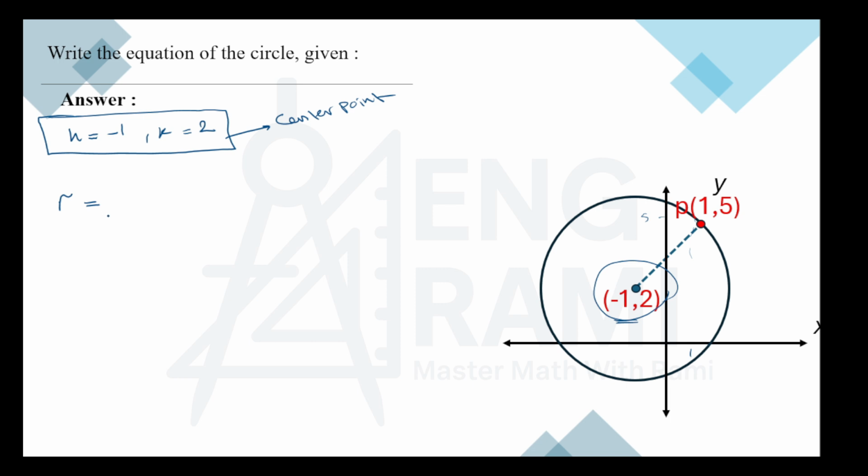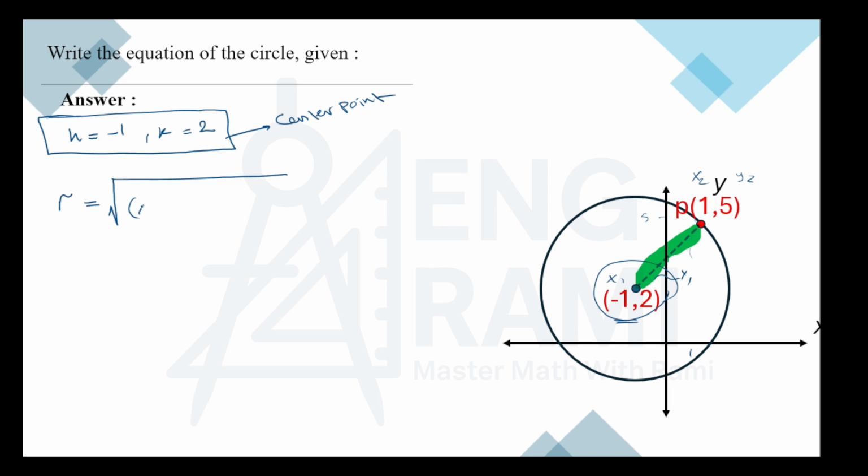We have to find the radius, which represents the distance between the center point and any point on the circumference of the circle. r equals the square root of, you can say this is x2, y2, x1, y1.